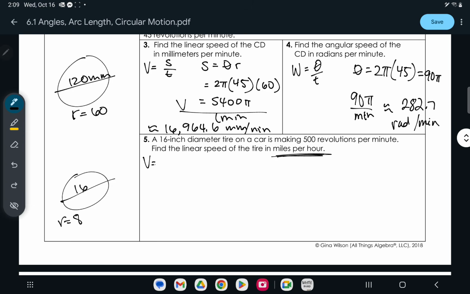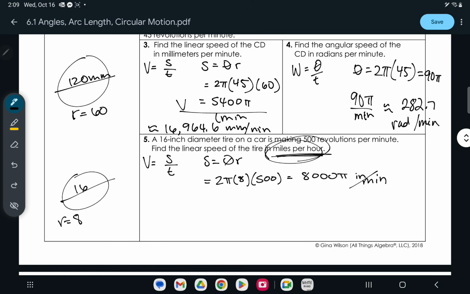So linear speed is S over T, and S is theta R. So we get 2 pi, the radius is 8, and we are doing it 500 times. So that is 8,000 pi inches per minute.